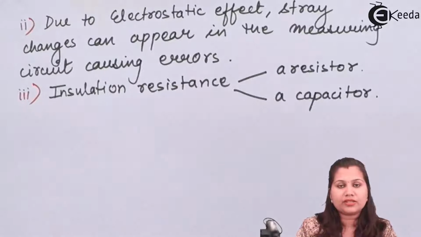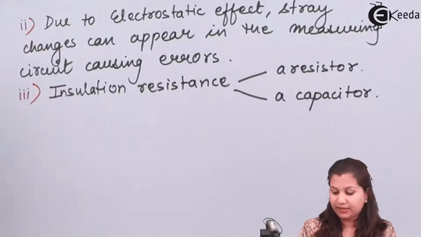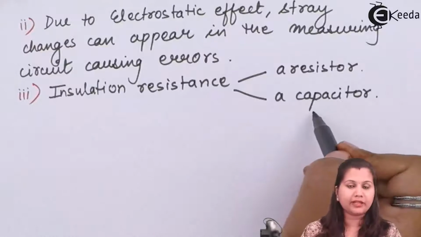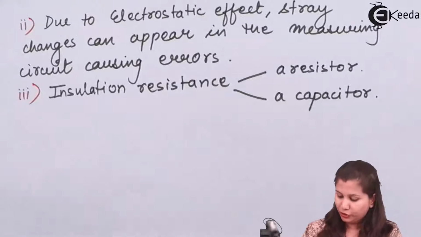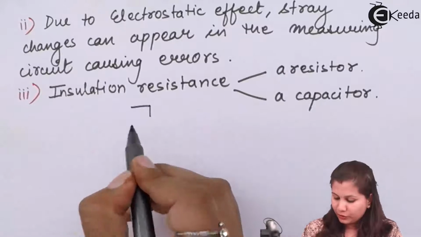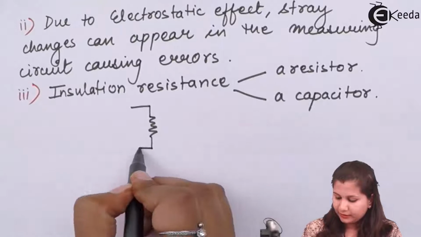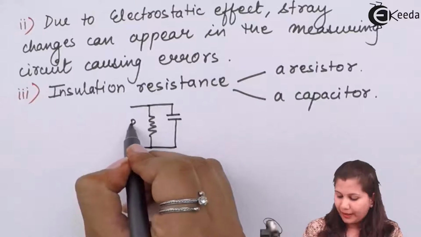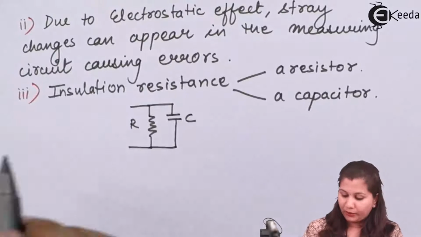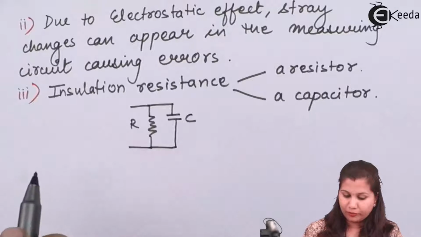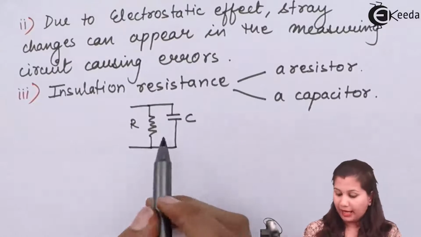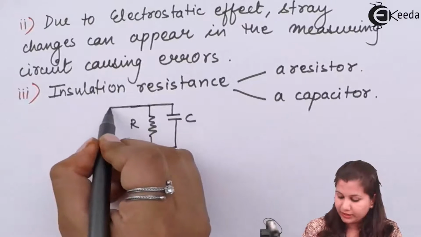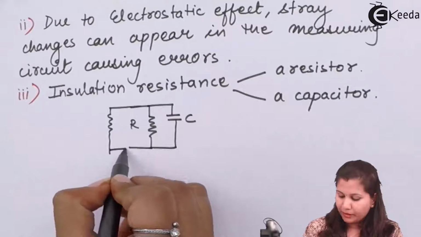Now, the insulation resistance of the high resistances can be represented as a resistor and a capacitor which are connected in parallel with each other. Now, when the ammeter is connected to measure the current, and we are measuring the actual resistance, suppose here we have connected a resistance which we want to measure.